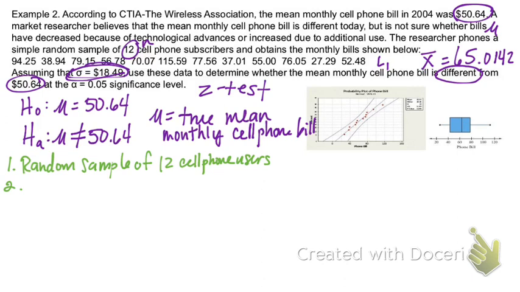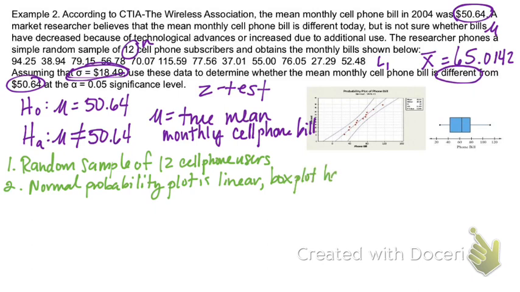If the normal probability plot is linear. What else? Box plot has no outliers and is symmetrical. So what does that mean? Normal distribution.